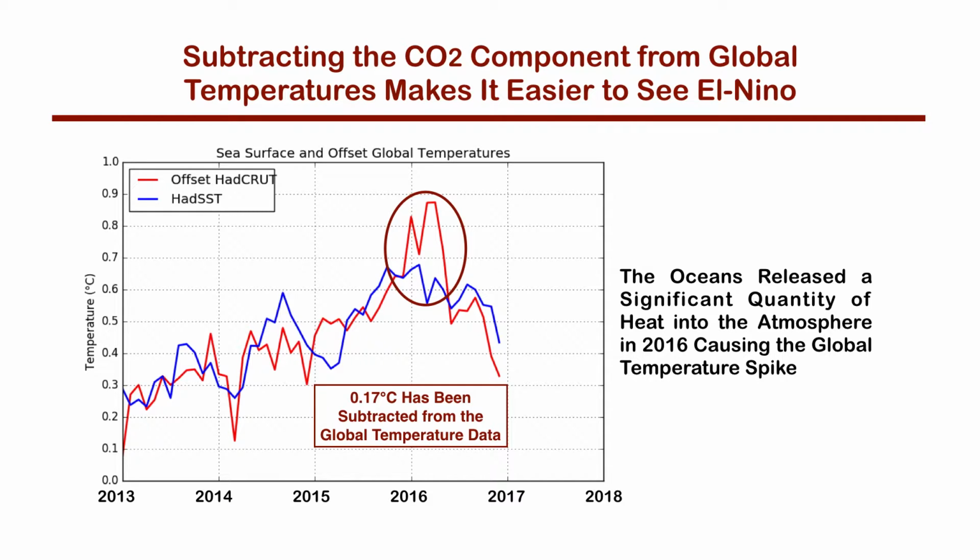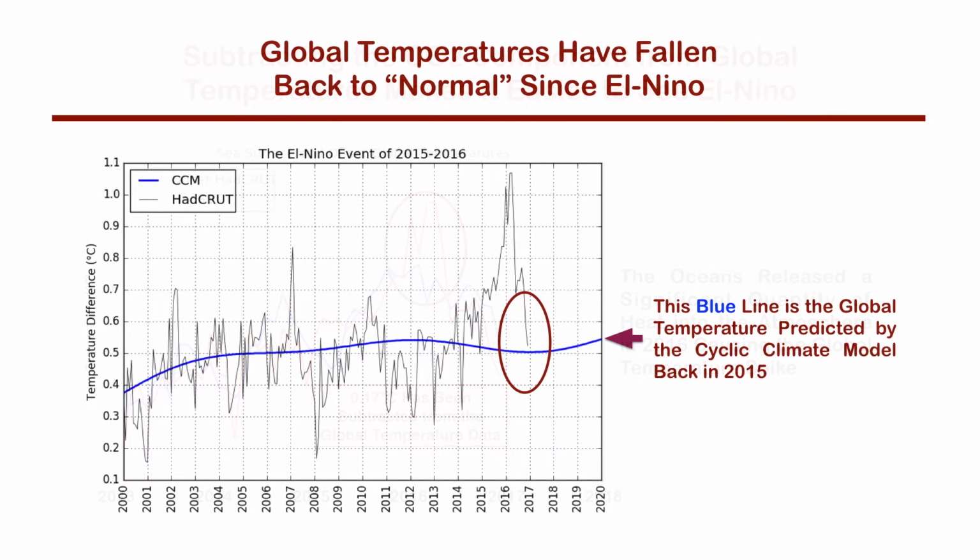But you see that after that sudden upward spike, both global and sea surface temperatures have been falling. And in fact, as of the latest data that's available, which is November of 2016, the global temperature data has fallen back to precisely what the cyclic climate model predicted back in 2015.